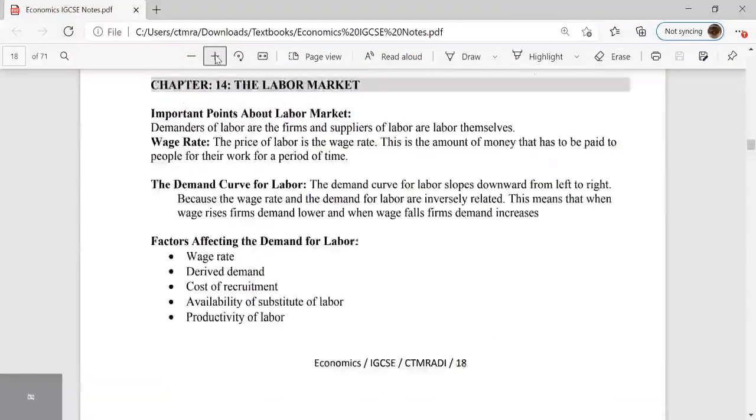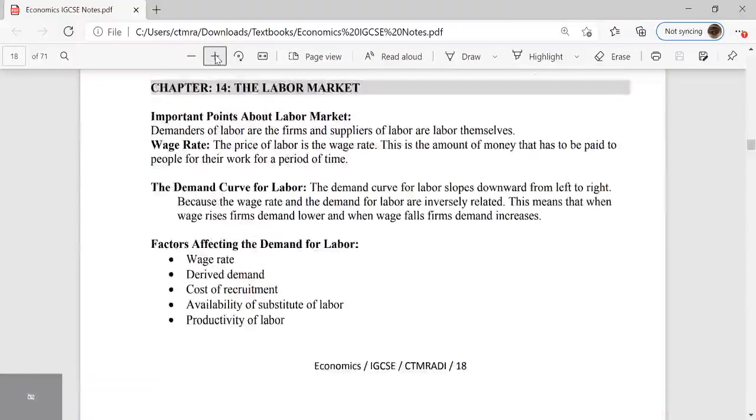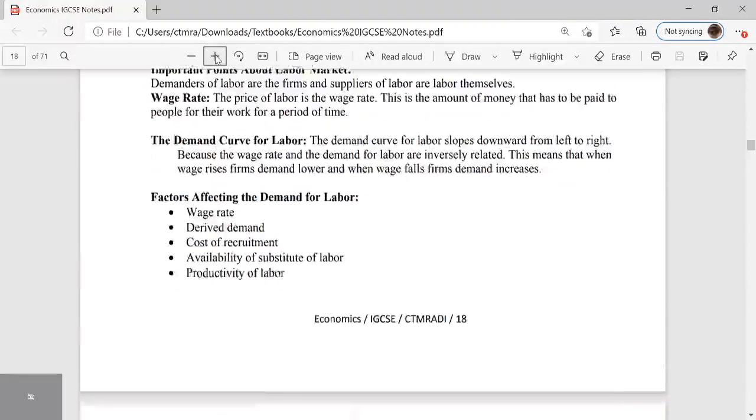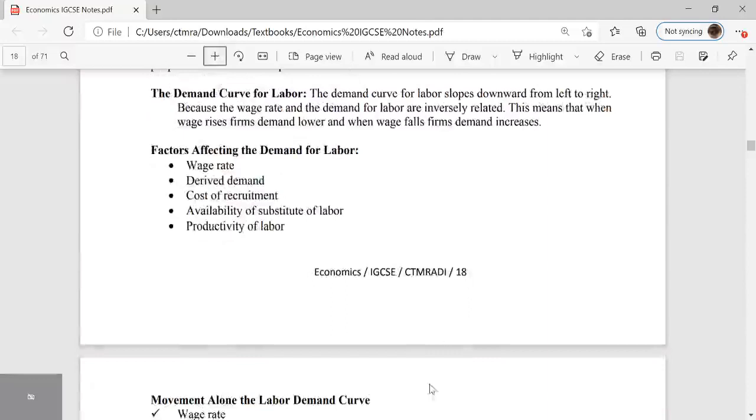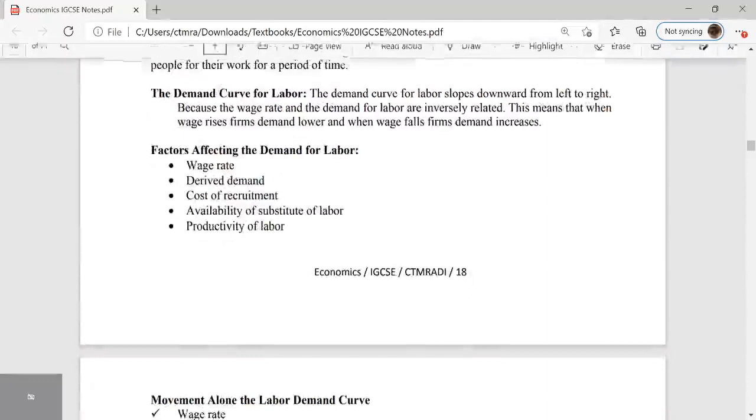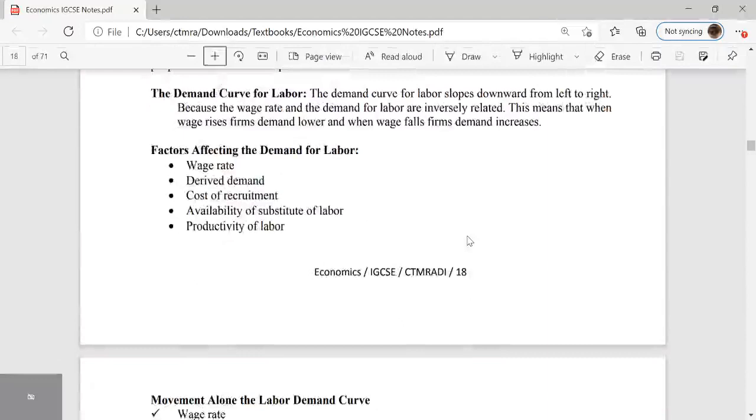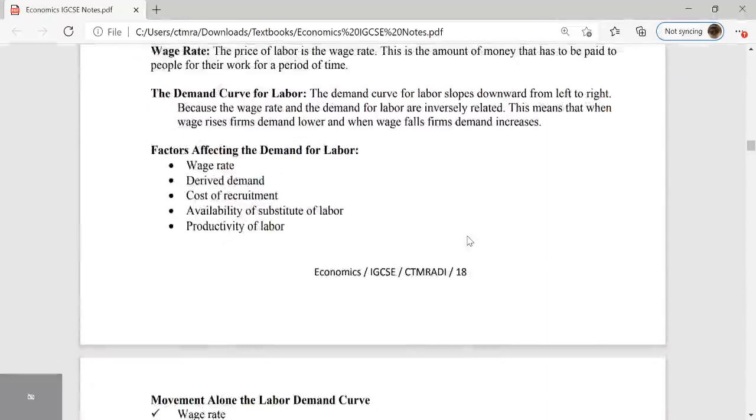In the labor market, we discussed that the wage rate was determined by the forces of demand and supply. Then we did demand factors and supply factors. The demand factors were wage rate, derived demand, cost of recruitment, availability of substitutes of labor, and productivity of labor.